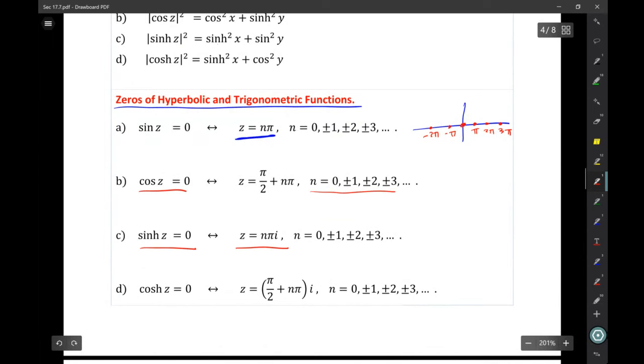Sinh z will be 0 when z is equal to n pi i, where n is equal to 0, plus or minus 1, plus or minus 2, and so on. Cosh z is equal to 0 when z is equal to pi over 2 plus n pi, times i, of course.